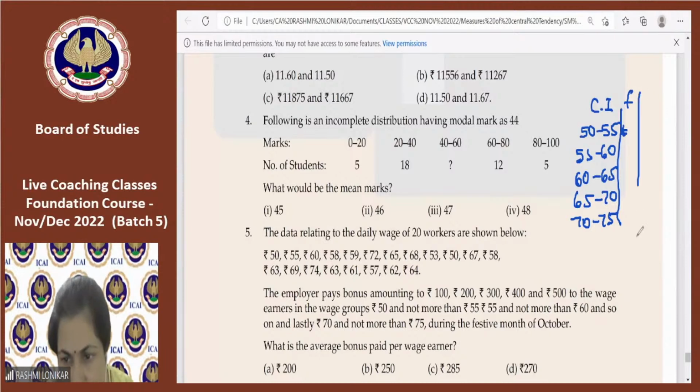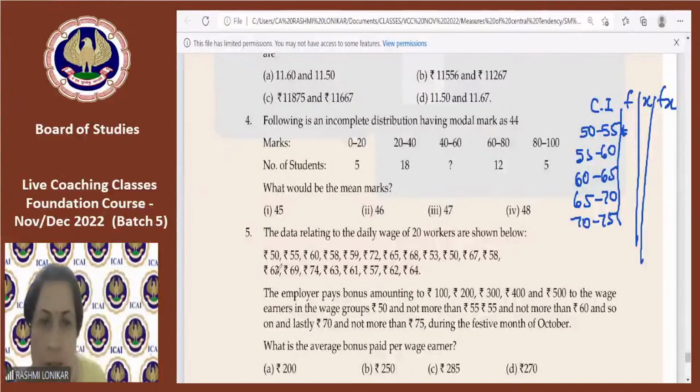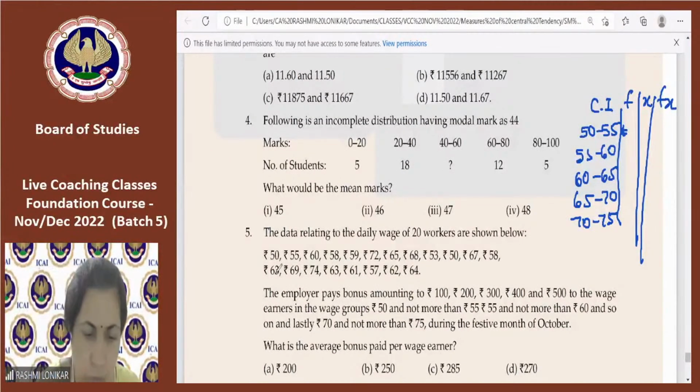You will find the midpoint, that is x. Then you will multiply f into x, and then you will be able to find the average. You should do these sums for practice so that you know what tally marks are. But usually you will be given this information and then you have to find the average. Okay, is it okay now?